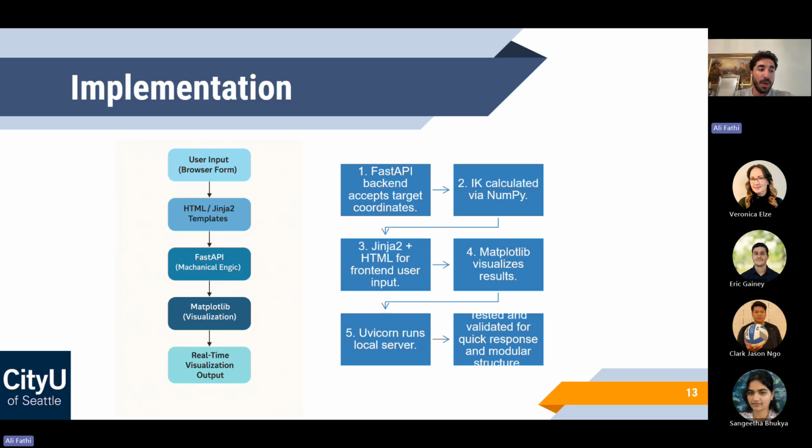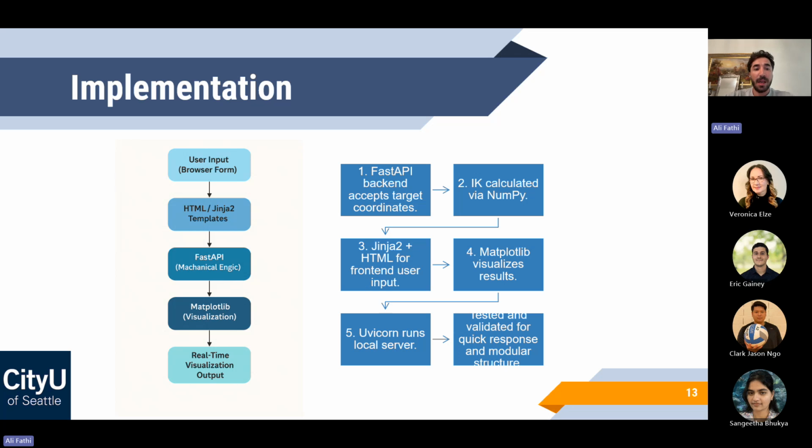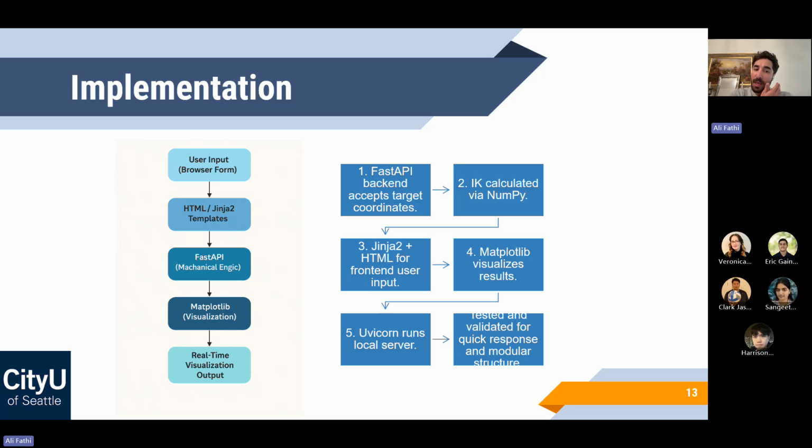It deploys locally with Uvicorn and smooth asynchronous operation. As you can see in the diagram, the user puts in the input, the HTML and Jinja templates send it through FastAPI to the Matplotlib library, and it constantly shows the result on the web browser.